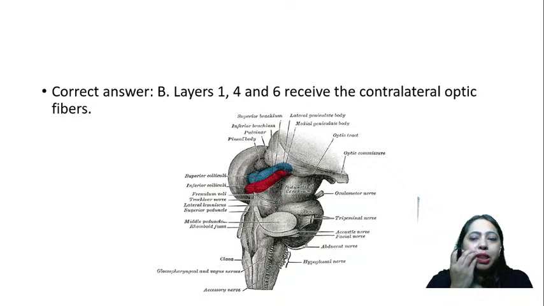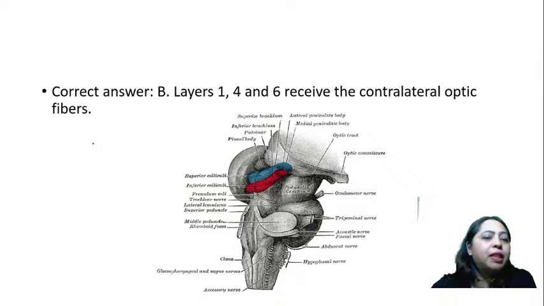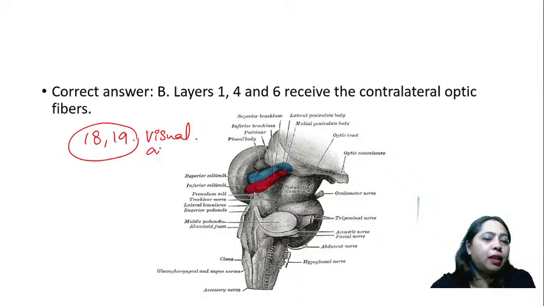So you know this optic tract involves the lateral geniculate body. How does it pass? To which areas? It passes to areas 18 and 19, right? This is the visual area.